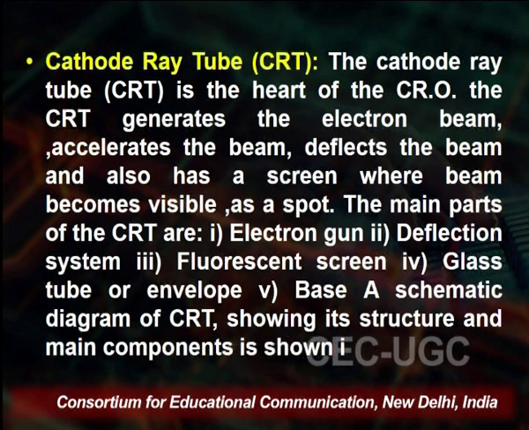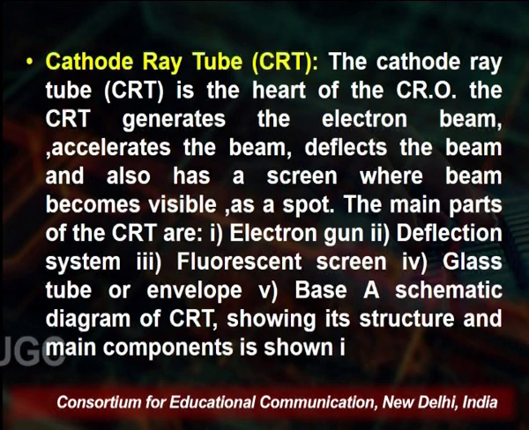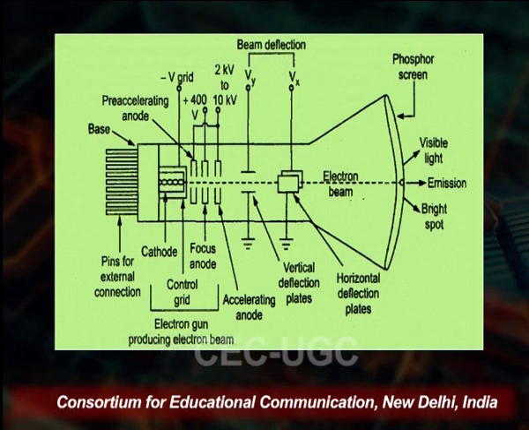A schematic diagram of the CRT shows the main structure and the main components. You can see on the screen that this is the CRT tube, and here we have its various parts. On the left-hand side we have the base, and then the deflection point where the cathode ray will move.